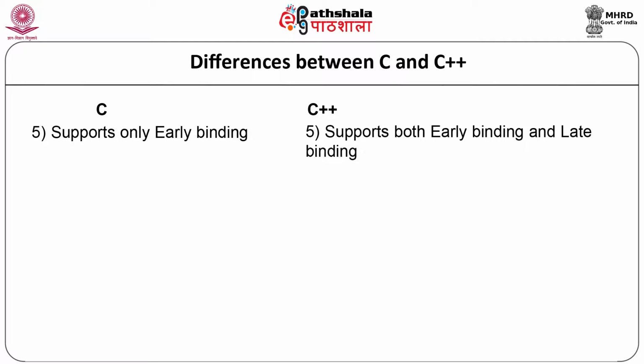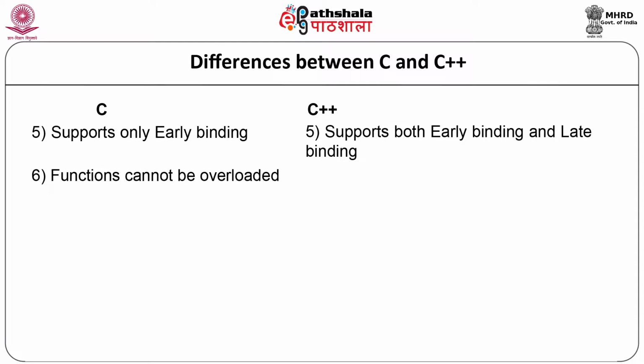C++ supports both early binding and late binding. Late binding is a process of resolving the functions related to the function call during runtime. Here the functions are related to the class much after the compilation time. It is also known as dynamic binding.